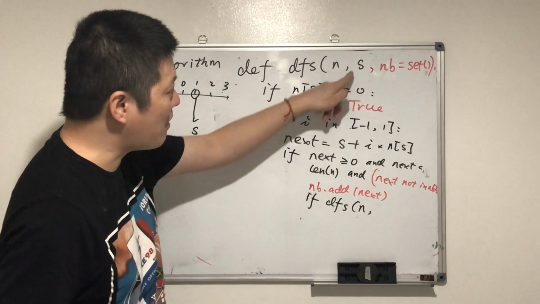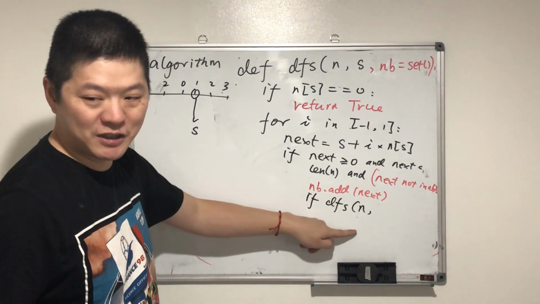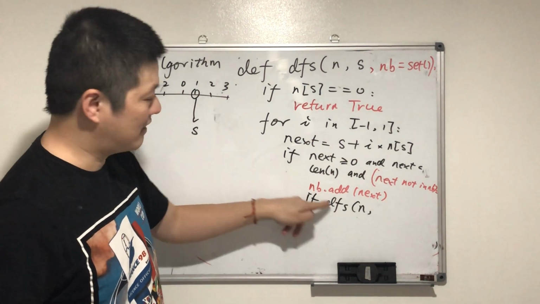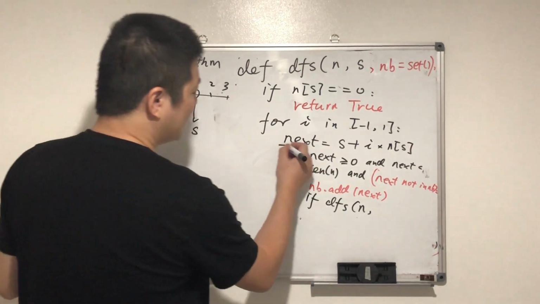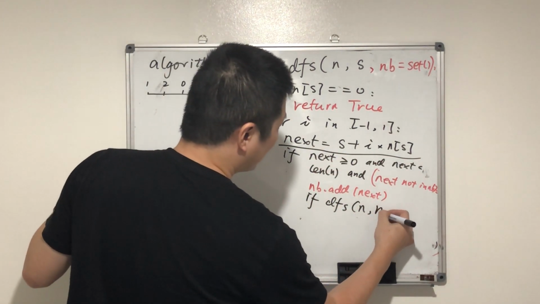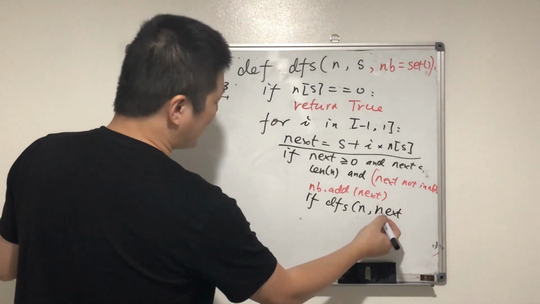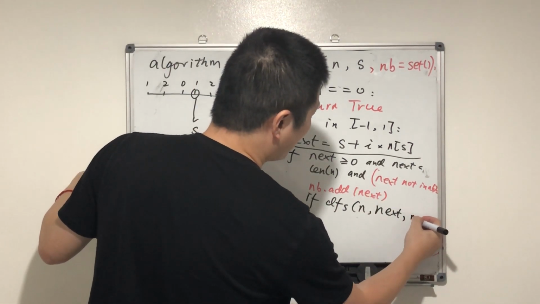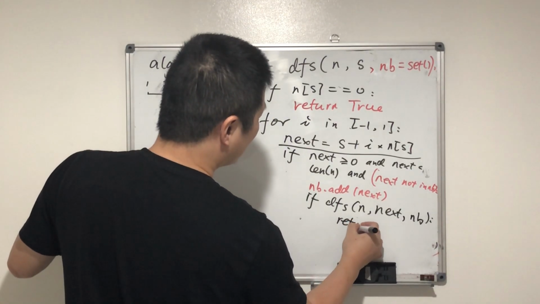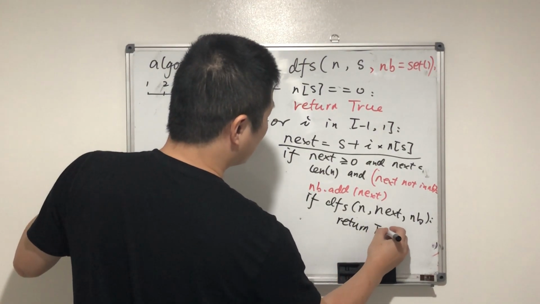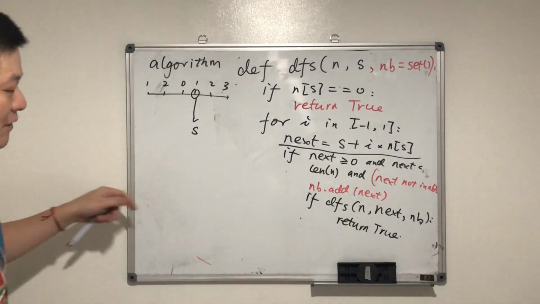S is the current position. What's the next position? Next, right? S at I times n. So I pass in the next, and then if this function returns true, then I return true, right? Return true.